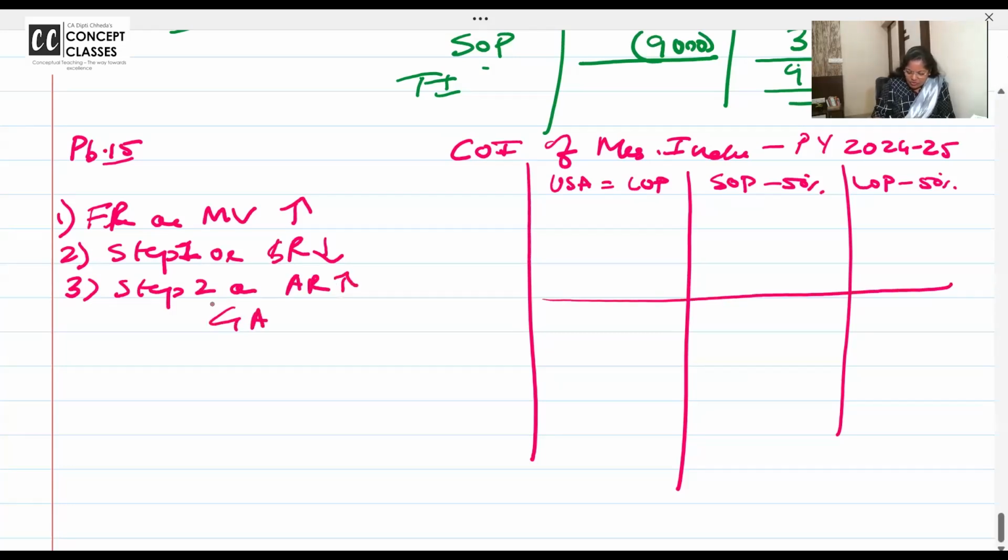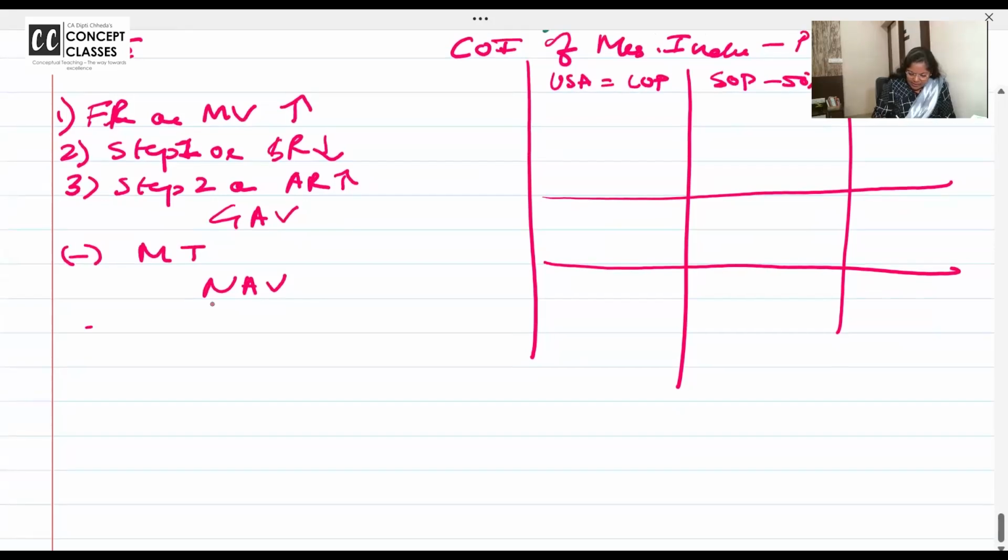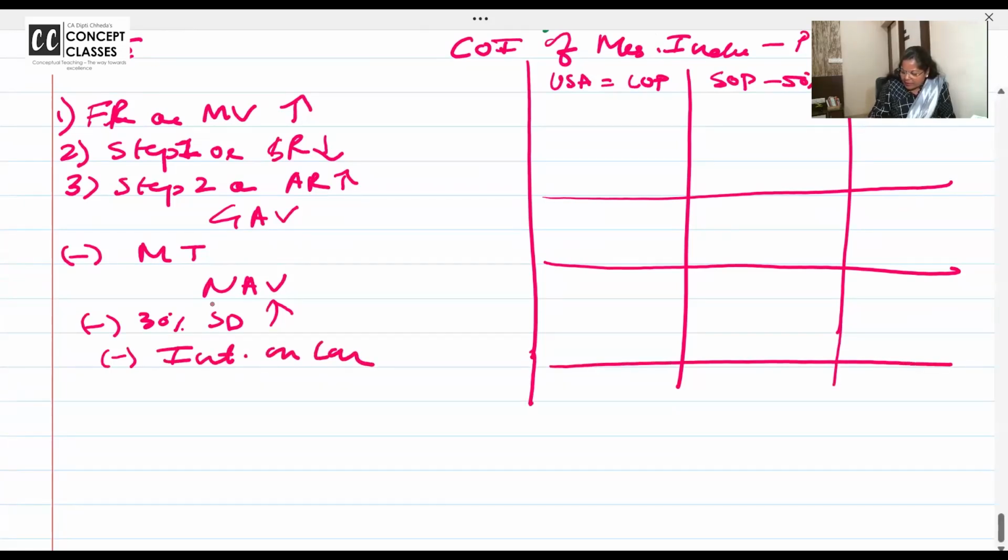This will give you GAV. Minus the municipal taxes gives you NAV. Minus 30% standard deduction and minus interest on loan will give you income from house property.